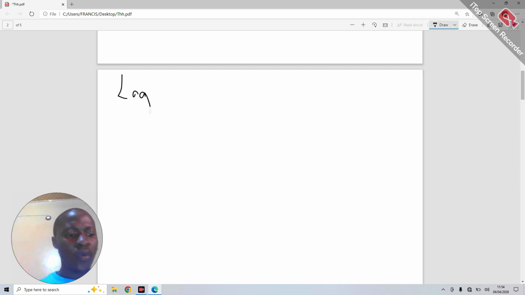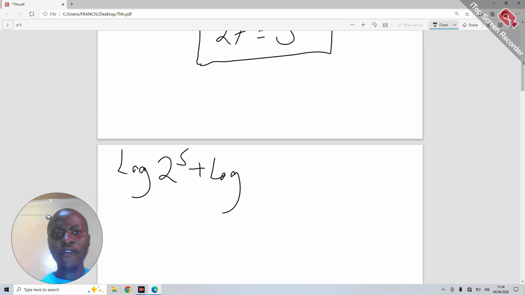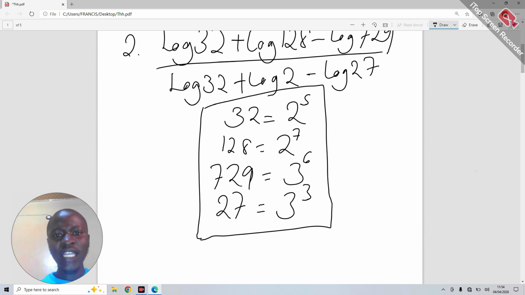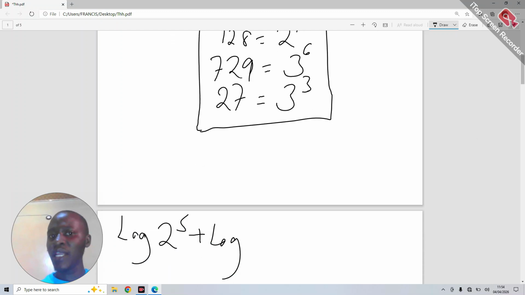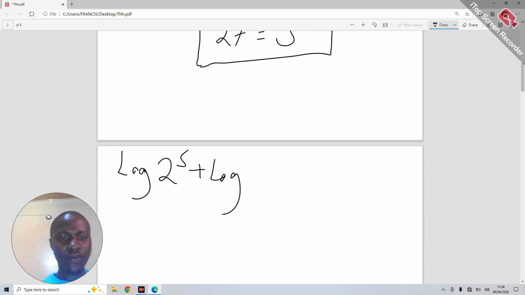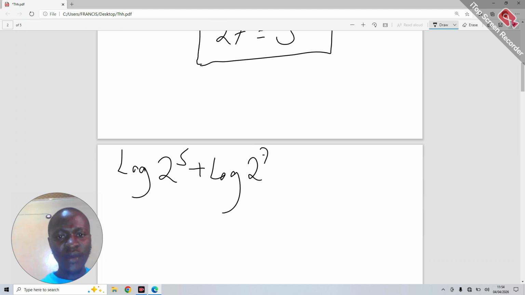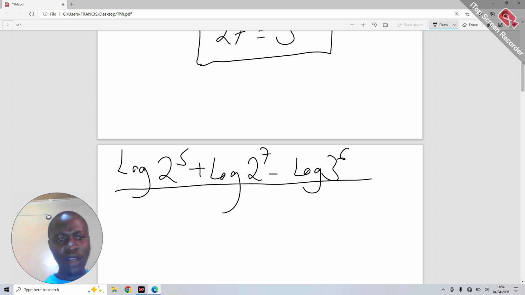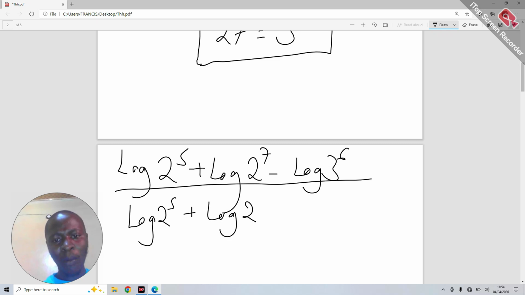Now, instead of writing log 32, we shall have log 2 power 5 plus, instead of having log 128, we shall have log 2 power 7, so forth and so on. So log 2 power 7 minus log 3 power 6, everything is all over log 2 power 5 plus log 2 power 1.